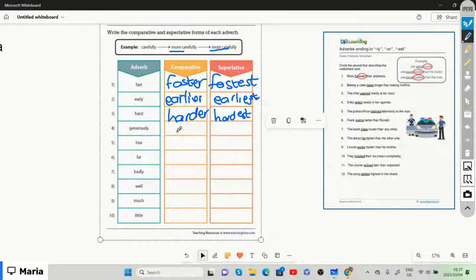So under comparative, we can say more generously. Sorry for the handwriting.